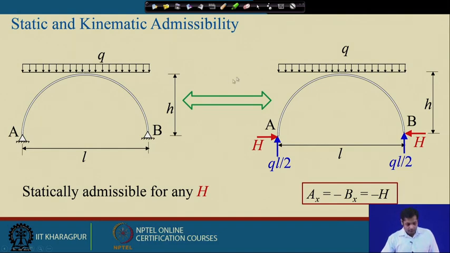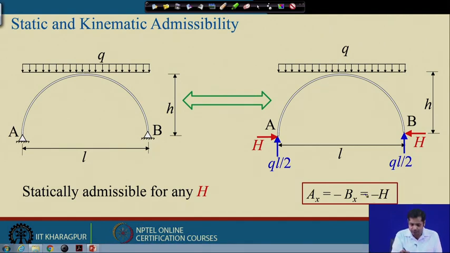Now, as I said, if we take any value of h, then this is statically admissible. Now, let us see what happens to the deformation of the structure for different values of h.